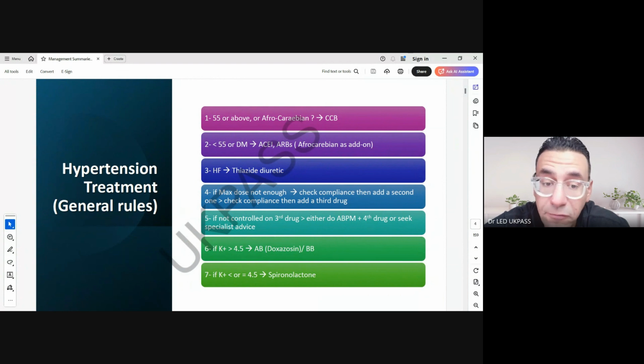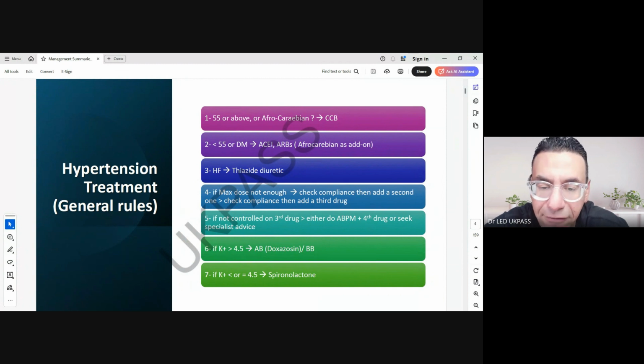All of you are aware of that, but it's just a kind reminder. Patients who are 55 and above or Afro-Caribbean, it's always a calcium channel blocker to start with. Patients who are below 55 or diabetic need to be started on either ACE inhibitors or ARBs.